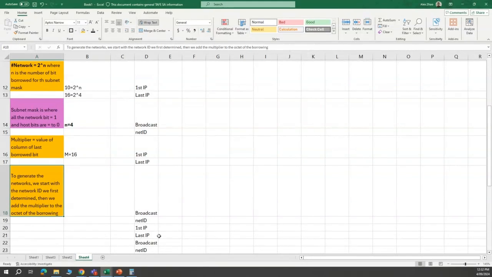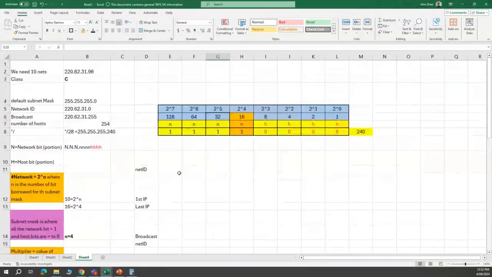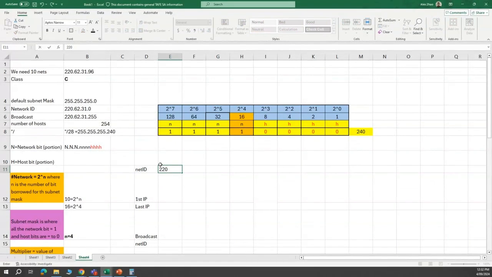And then it says to generate the networks, we take the network ID we first determined, then we add the multiplier to the octet of the borrowing. So if we look at our network ID, the first network ID was this. That's what we determined from the information we were given. So 62, 31, 0.